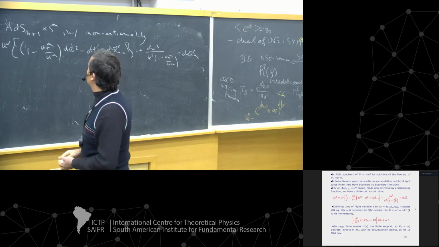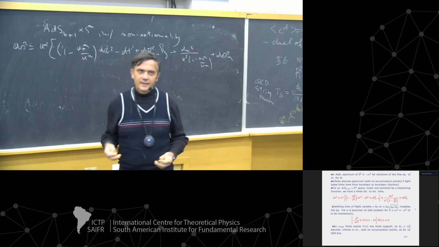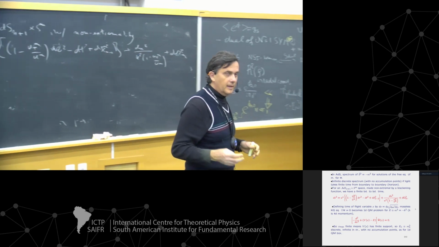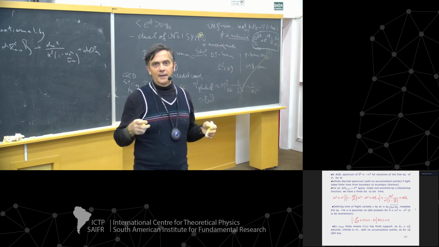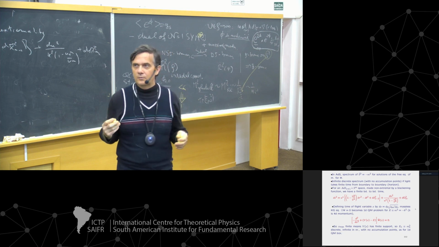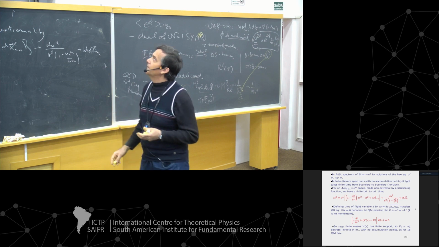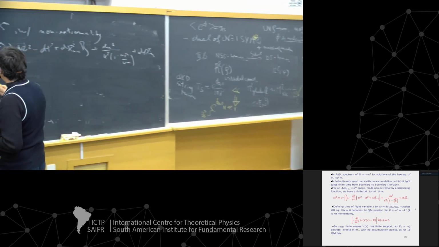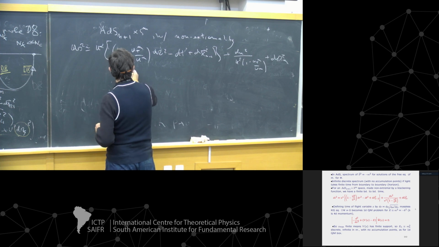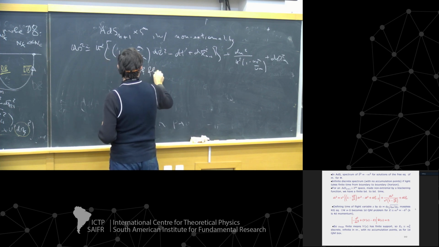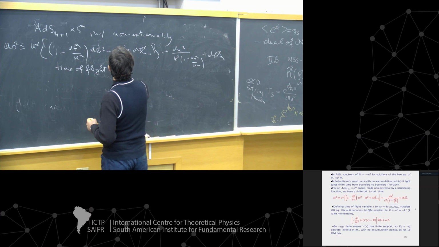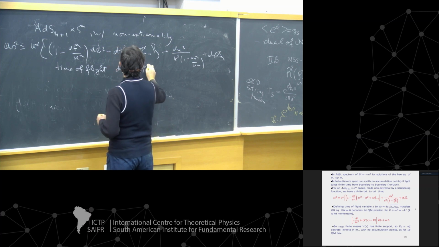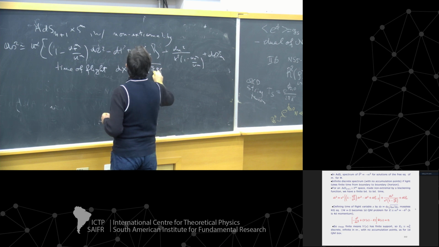And so the idea is a generalization of what I told you for AdS with some cutoff in the middle, where we look for the time it takes for a light ray to go from infinity to the center. So let me define in that case the time of flight parameter, which is just dx equal d rho square root of g rho over gtt.